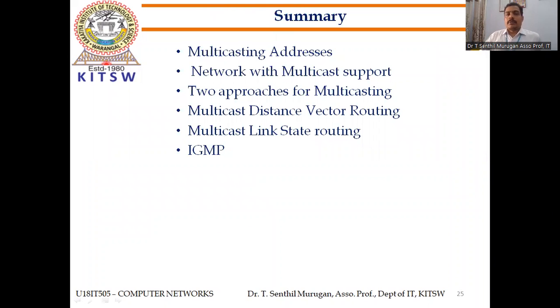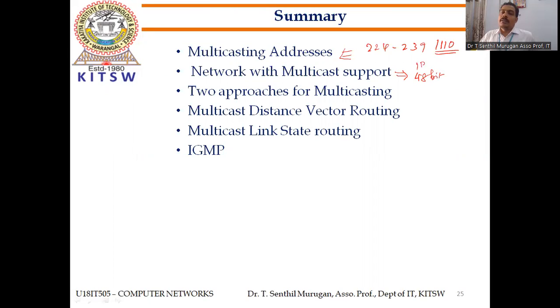First we discussed multicasting addresses and how they are used. The multicast addresses range from 224 to 239 in IPv4. The first 4 bits, 1110, represent multicast addresses. In a network with multicast support, the network layer communicates with the MAC layer, so we convert the IP multicast address to a 48-bit MAC layer address.